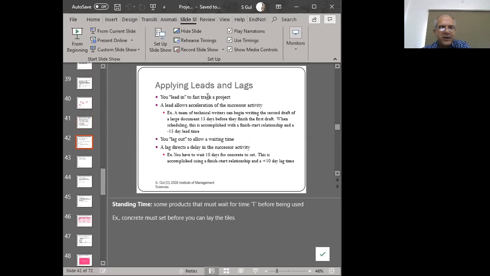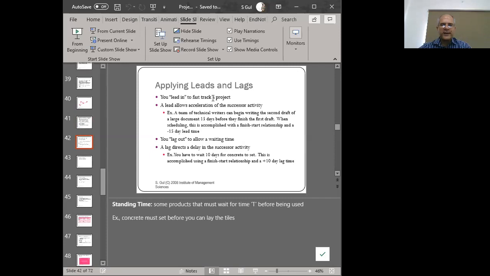Right? Leads and lags, I talked about this. You lead into an activity, so you're bringing two activities into each other. This is A, this is B. They were going to happen in a finish to start relationship, but you want to do part of B before the entire A has come to a conclusion.